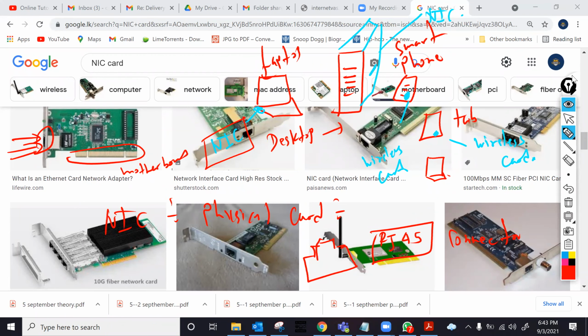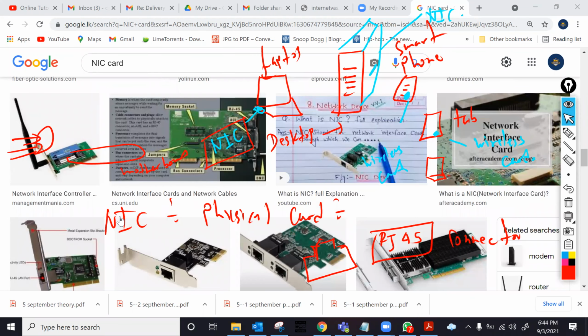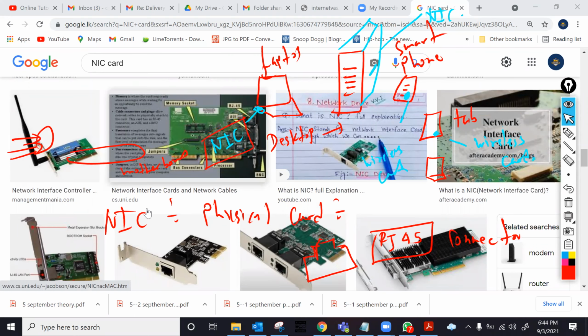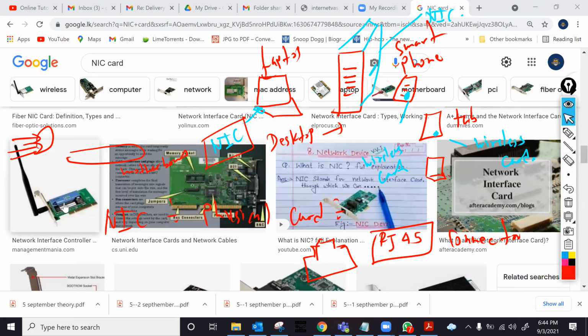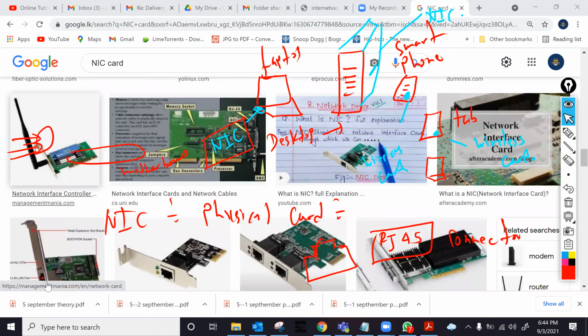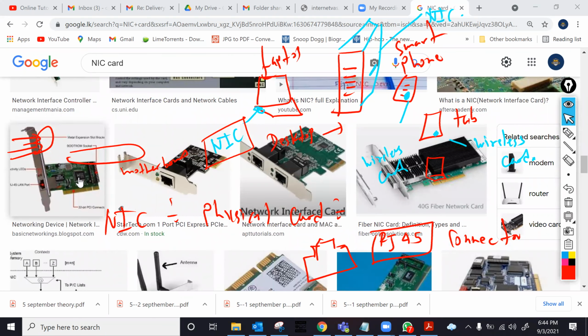So this is the network interface card. Whatever ones and zeros, the bits and bytes, the real transfer is to this. We are transferring 0s and 1s to this network interface card, right?